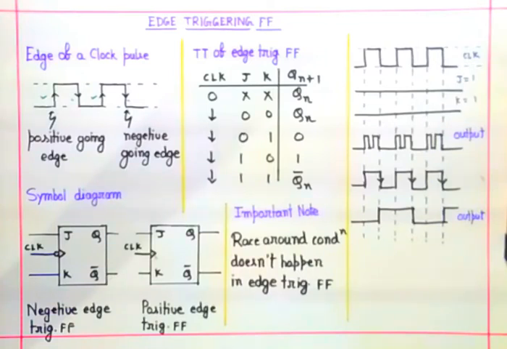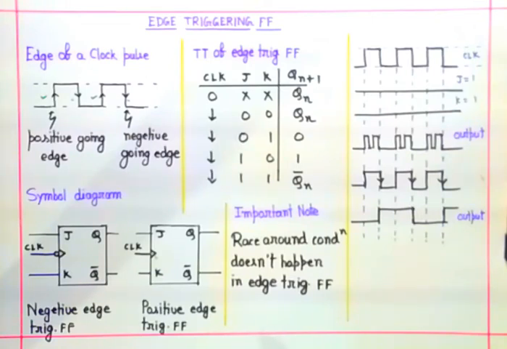Now one important note is that by using edge trigger JK flip-flop or SR flip-flop, you can easily remove the race around condition. That is a very important advantage of edge triggering flip-flop. Already you know that you can remove the race around condition by using master slave JK flip-flop.